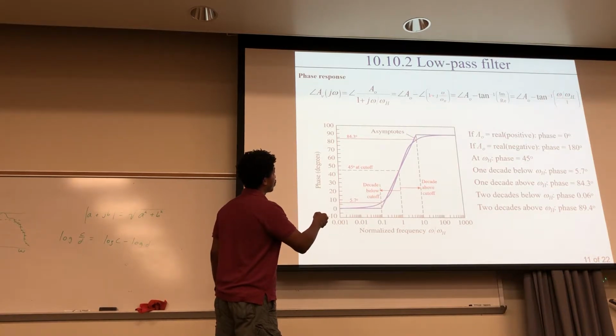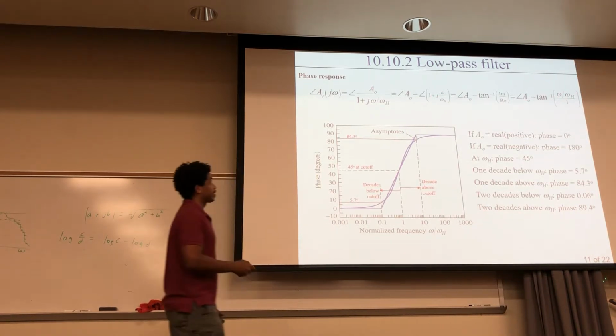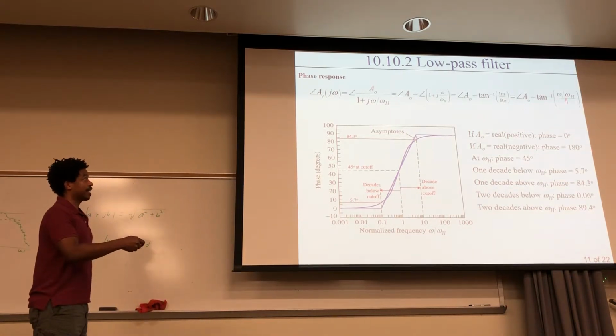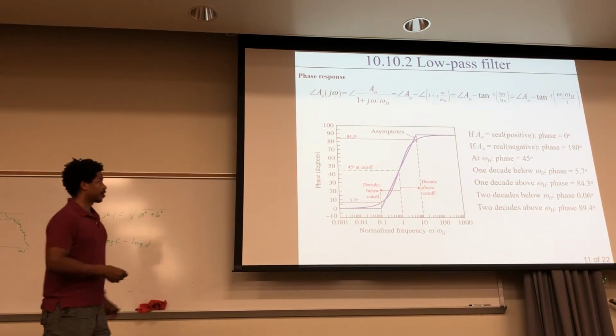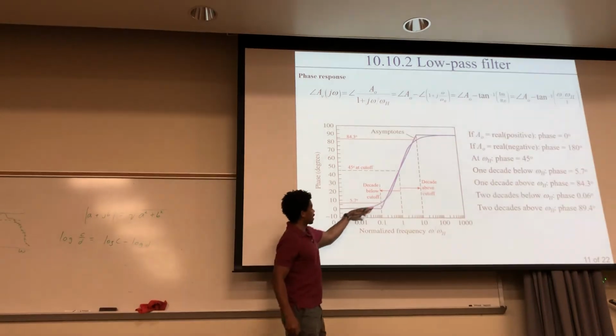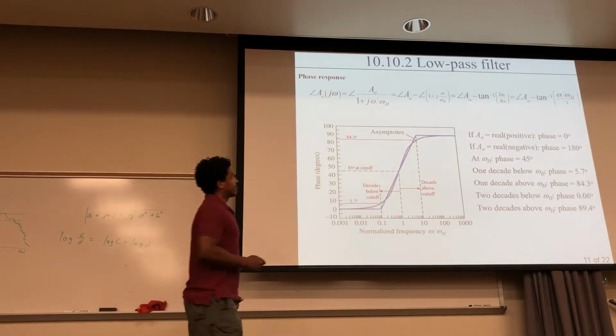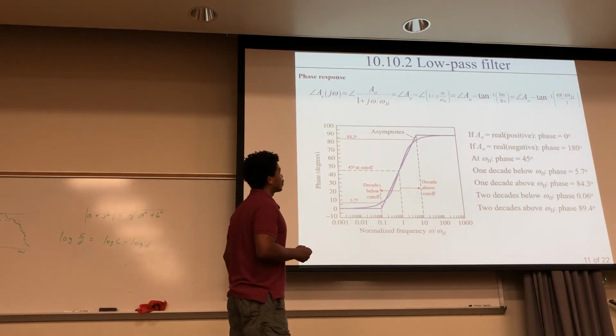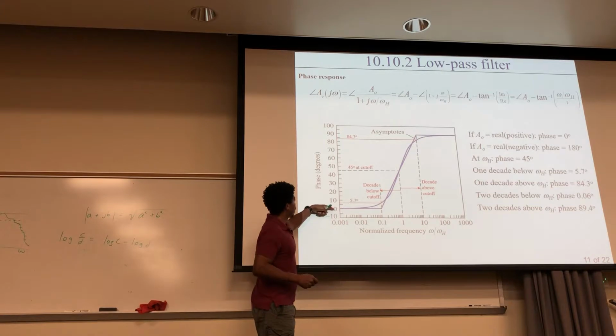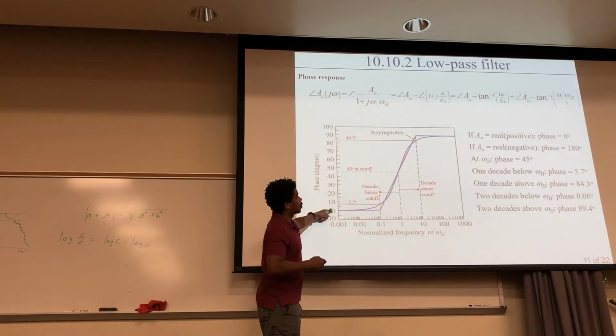The real part is 1. So that's what that is. And if you were to plot this angle as a function of frequency, it would look like this. A few things to notice: when A is real and positive, the phase is 0. When A is real and negative, the phase is 180 degrees.